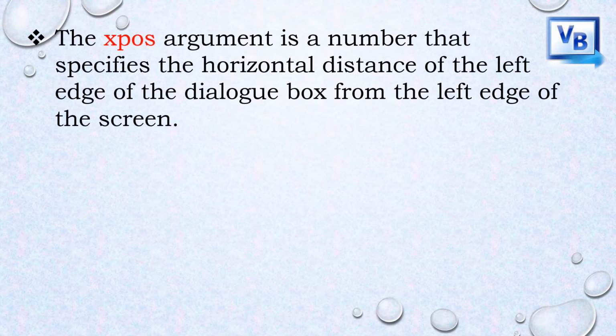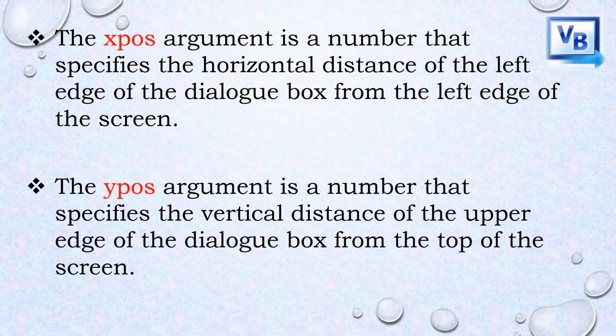The xpos argument is a number that specifies the horizontal distance of the left edge of the dialog box from the left edge of the screen. The ypos argument is a number that specifies the vertical distance of the upper edge of the dialog box from the top of the screen.